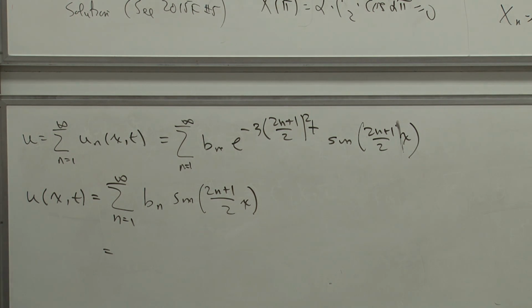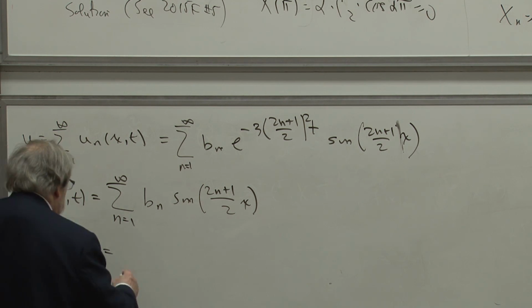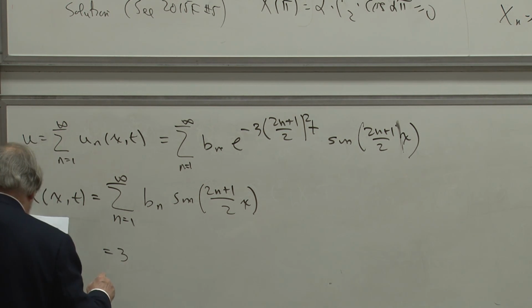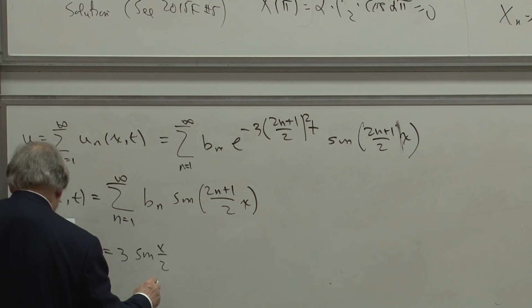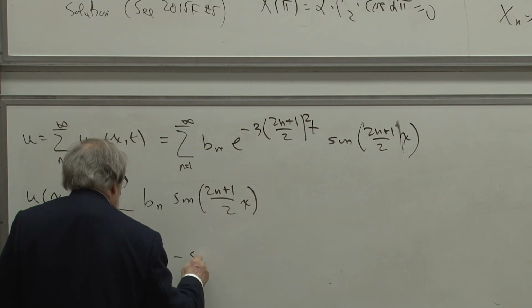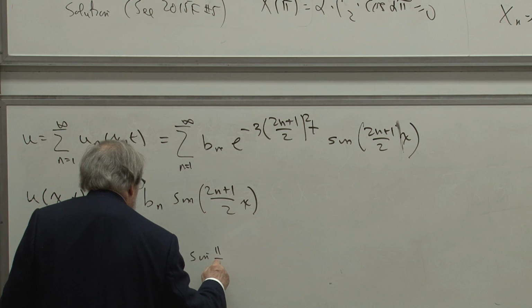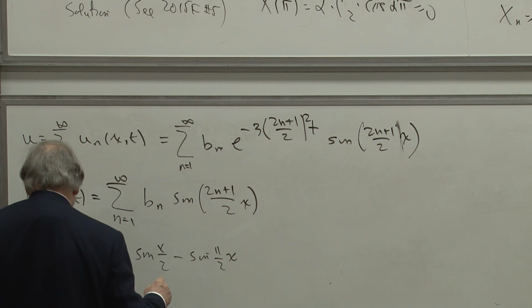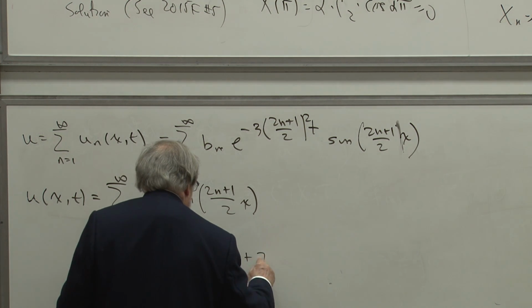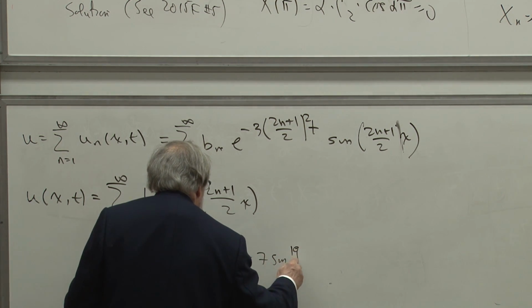And on the other hand, what was given at the start, I didn't write it down, but it's in there, is that this is to be 3 sine of x over 2 minus sine of 11 over 2 x plus 7 sine 19 over 2 x.